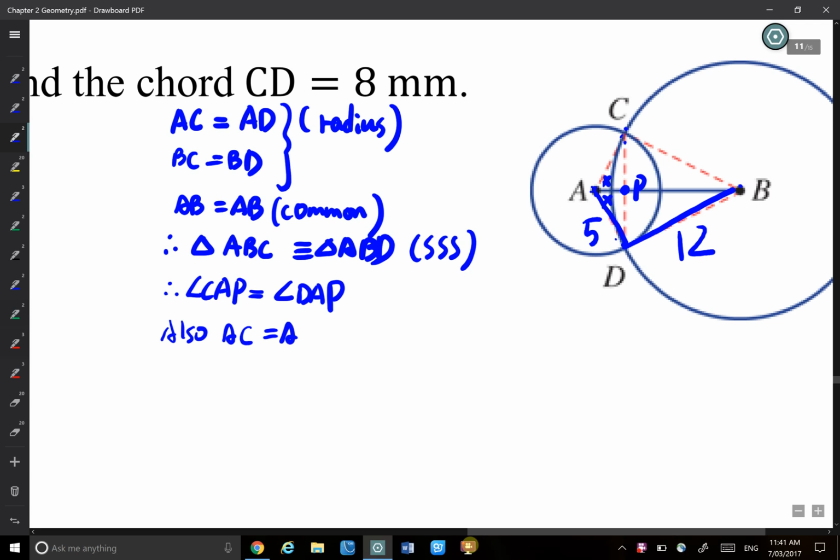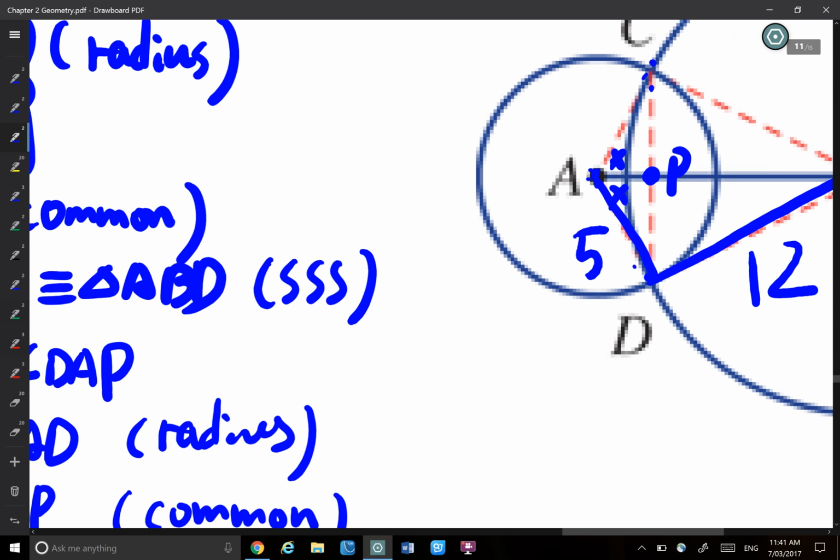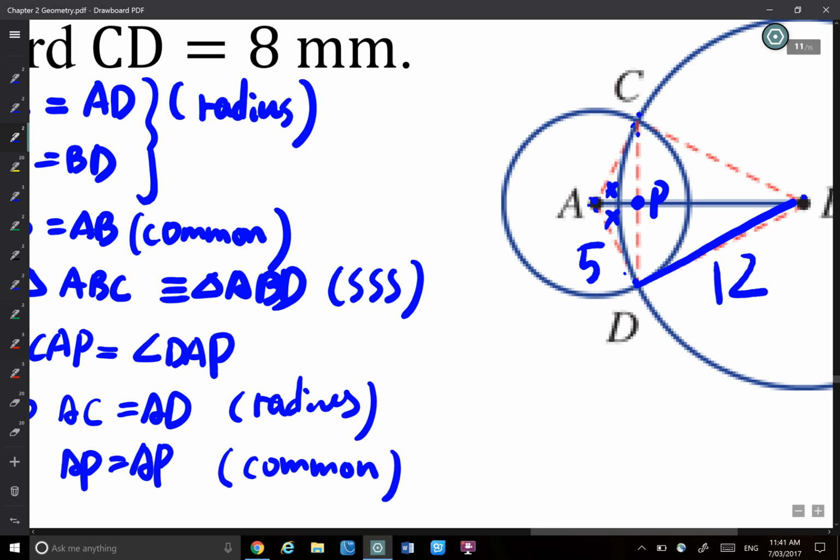Now I want to say, from the top again, AC equals AD, that's the radius, and AP equals AP, that is common.